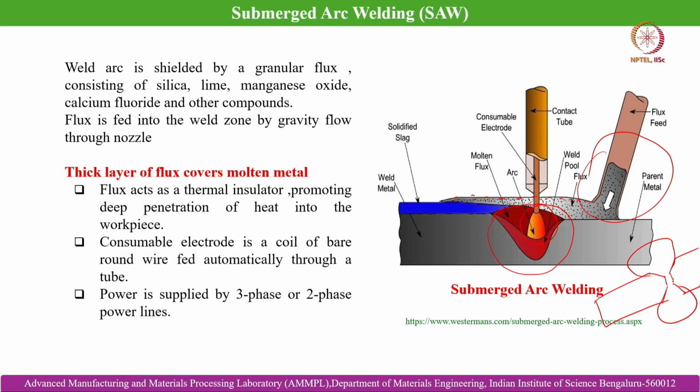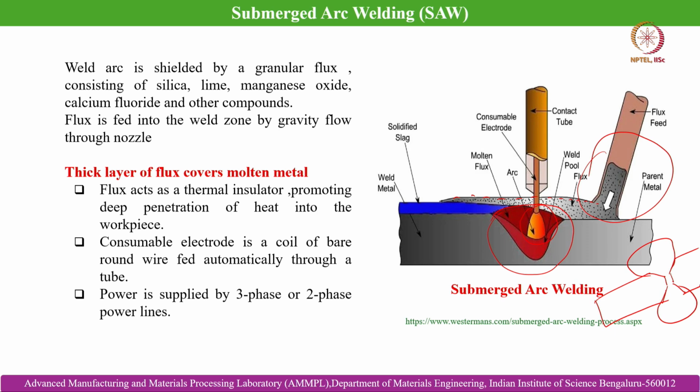That problem can be easily overcome in submerged arc welding, because of the insulating nature of the flux layer at the top of the arc, which facilitates higher penetration of the arc within the workpiece material.